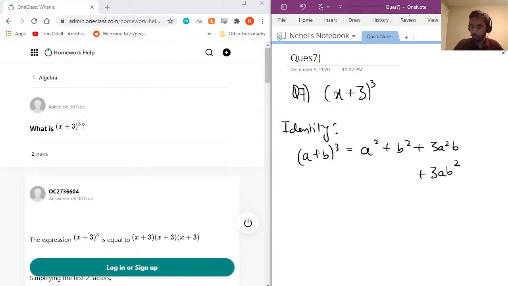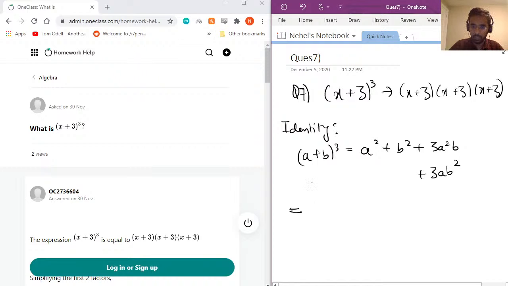The other way of doing it is you multiply them manually, which is this can be written as x plus 3 times x plus 3 times x plus 3, and then you can use the FOIL method, which is first, outer, inner, last, and you multiply all of them individually. But it's much easier to remember this identity, and that way you can solve for all cubes. So we're going to use this identity here.